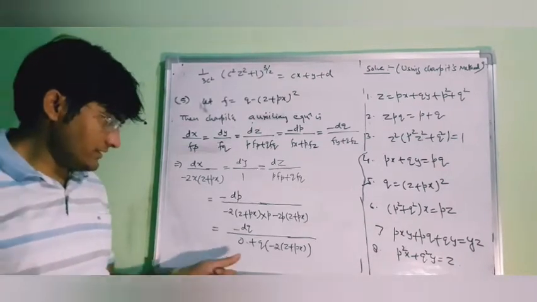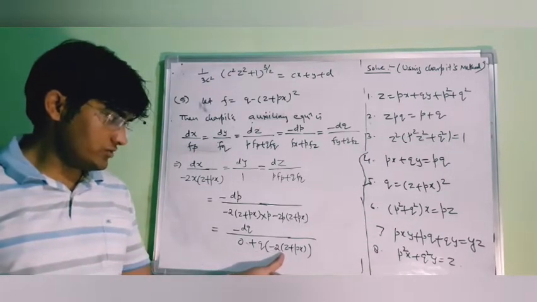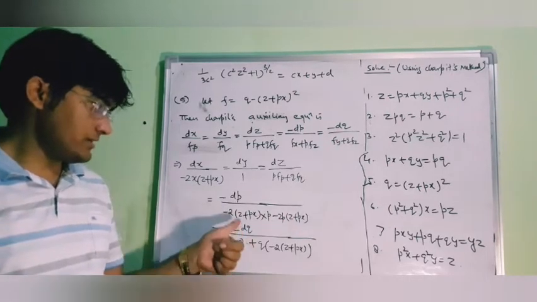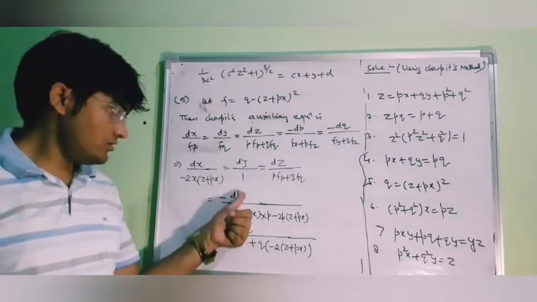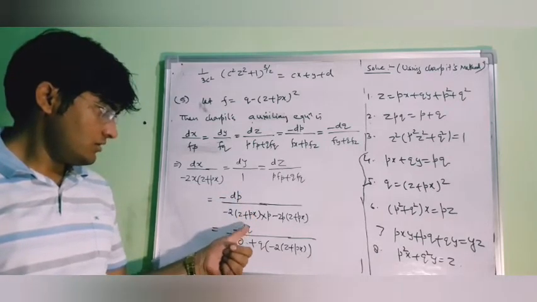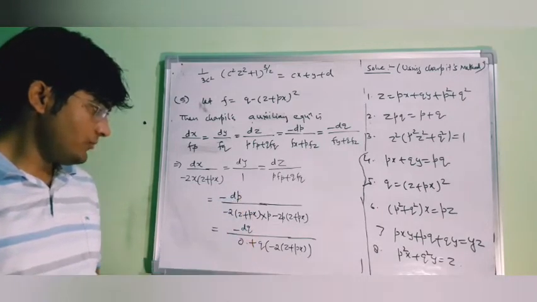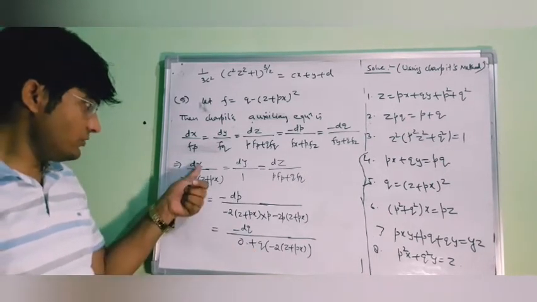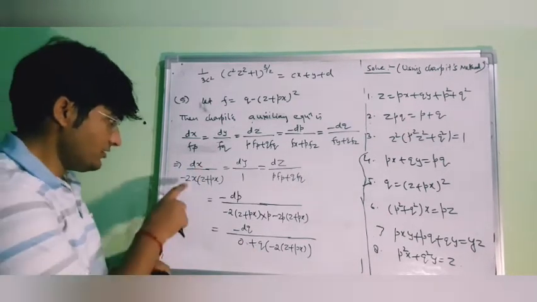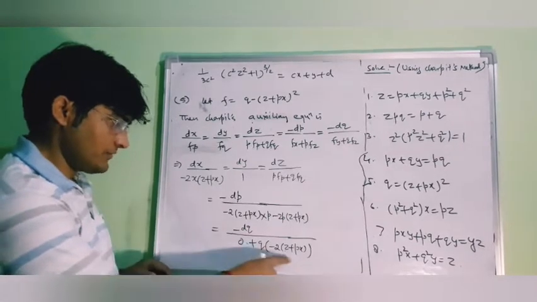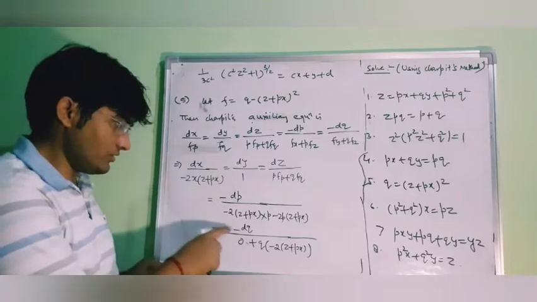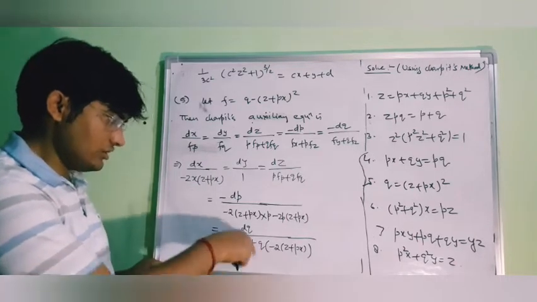Now here you can see that this is minus 2q times z plus px and this is minus 4p times z plus px. So we have a choice to take either dp or dq, or we can also take dx and dq. In case of dx and dq, you can see that minus 2 times z plus px will be cancelled and we will have dx upon x equal to, minus minus plus, dq upon q.